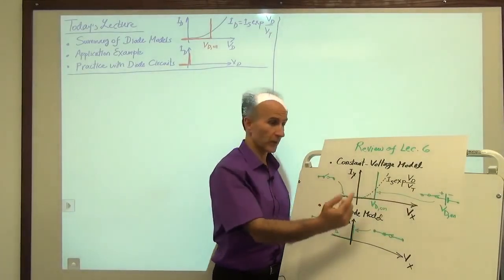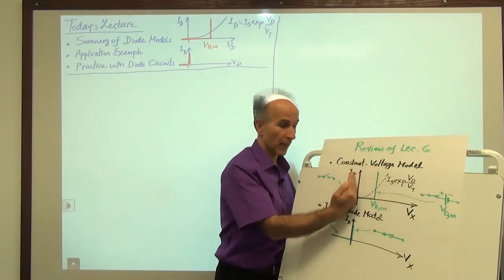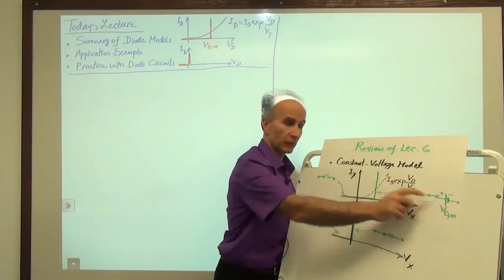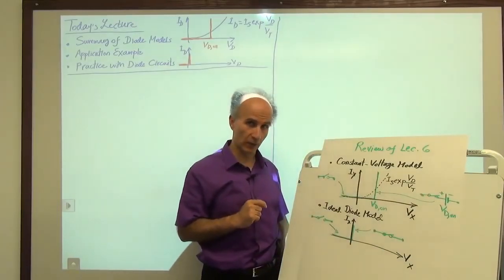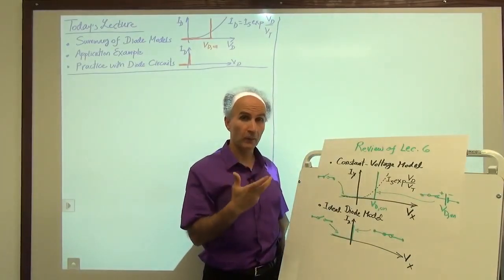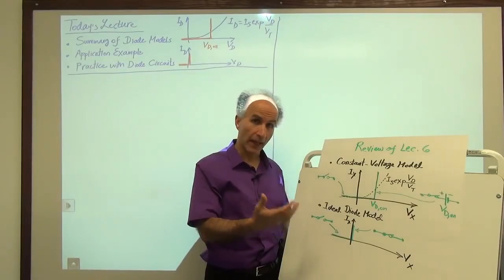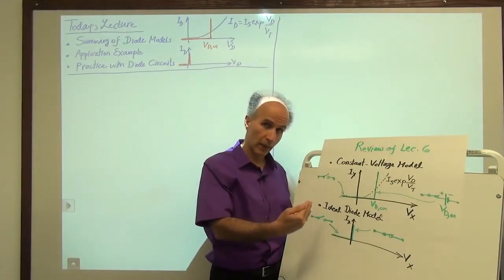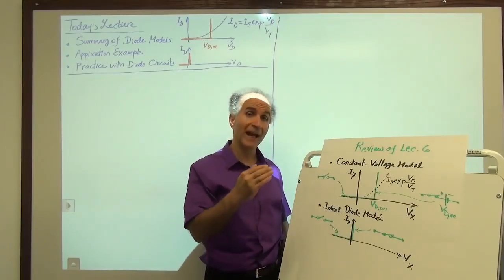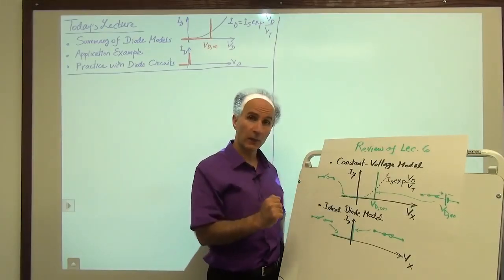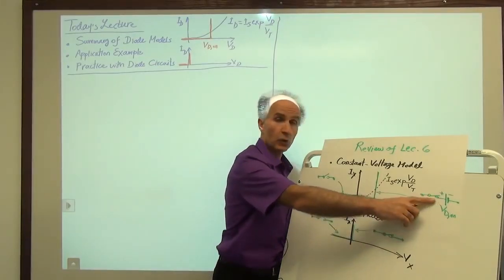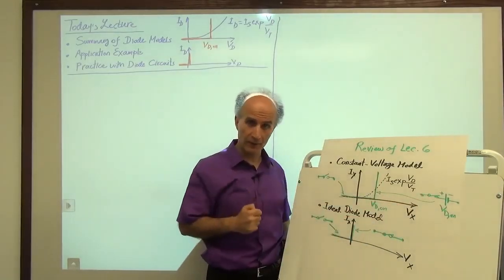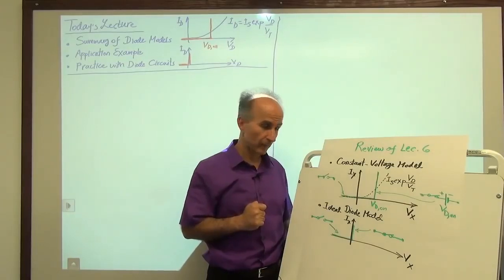Without that voltage source, this vertical line would be at zero, not at VD on. So anytime we have a diode in a circuit and we are using a constant voltage model and we know that the diode has turned on, we can replace it by a short circuit and a battery, or just a battery because the short circuit doesn't really play any role.